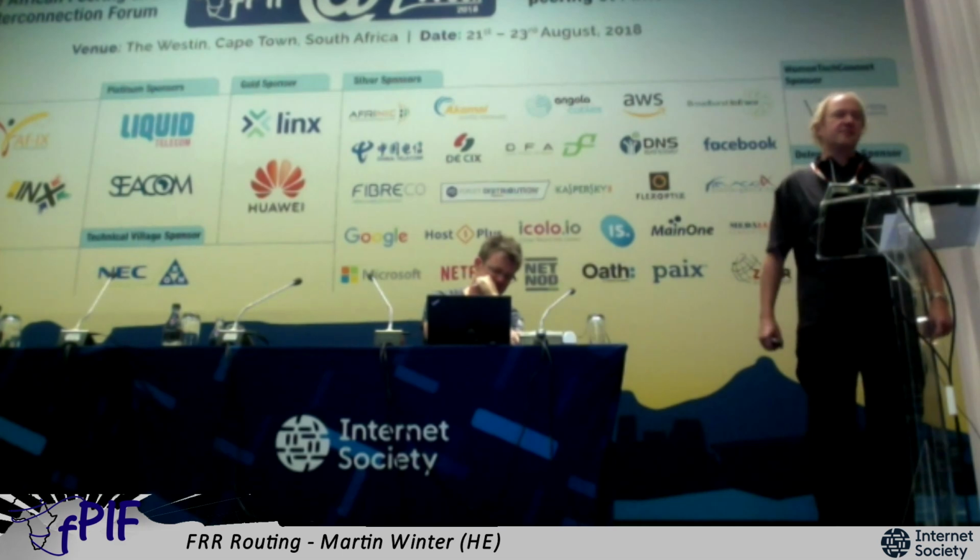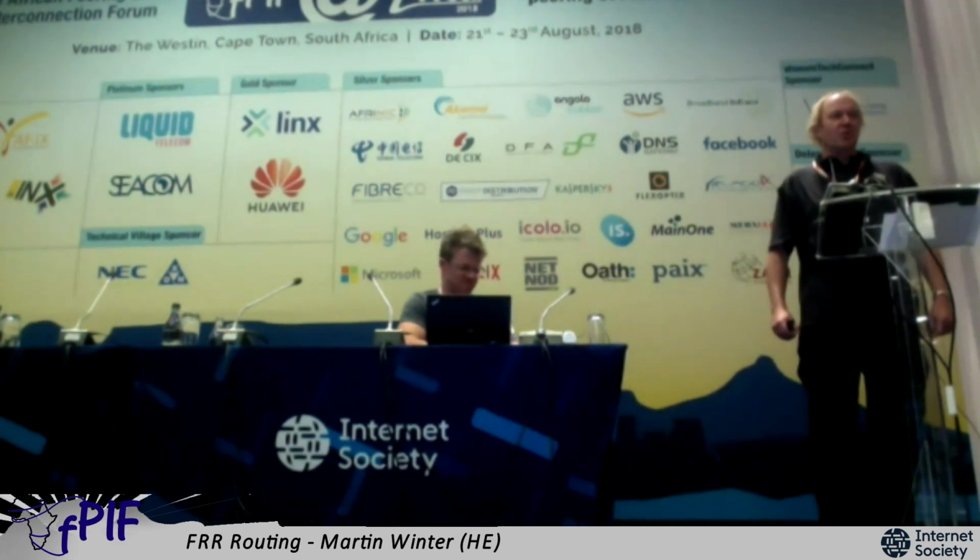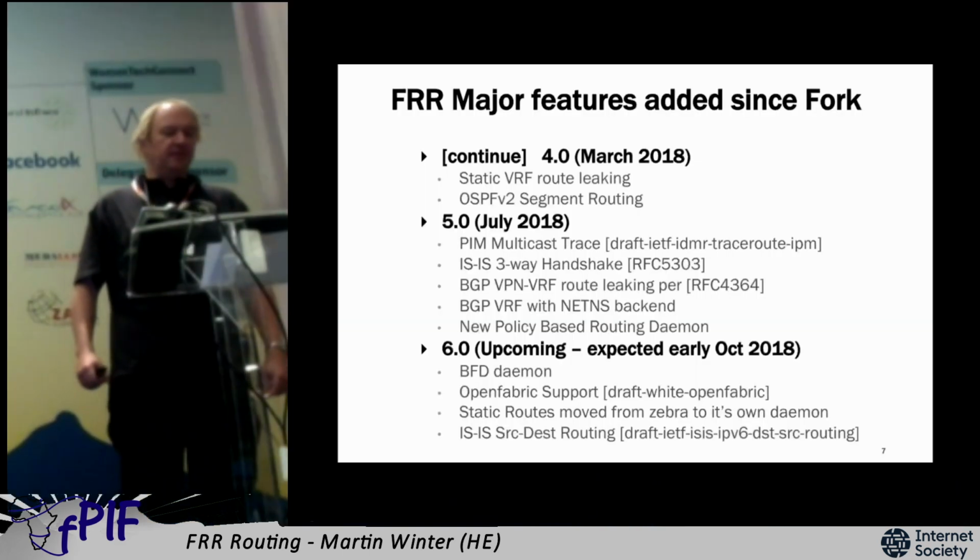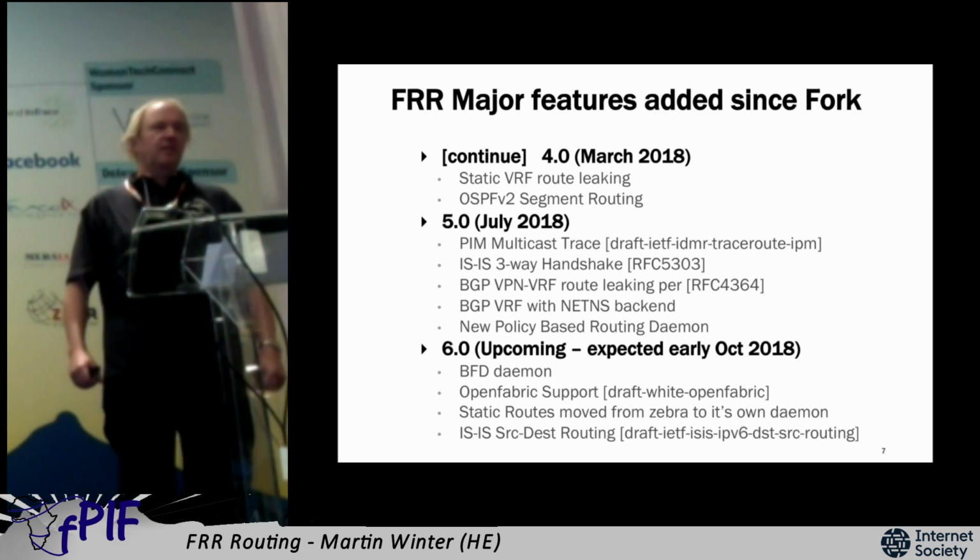And the next version, we are just about in a week, we are basically starting with the first early releases or beta testing, where what we expect in there is the BFD daemon, which should be in there. It is BFD with the connections to the routing protocol. We should have OpenFabric support in there.